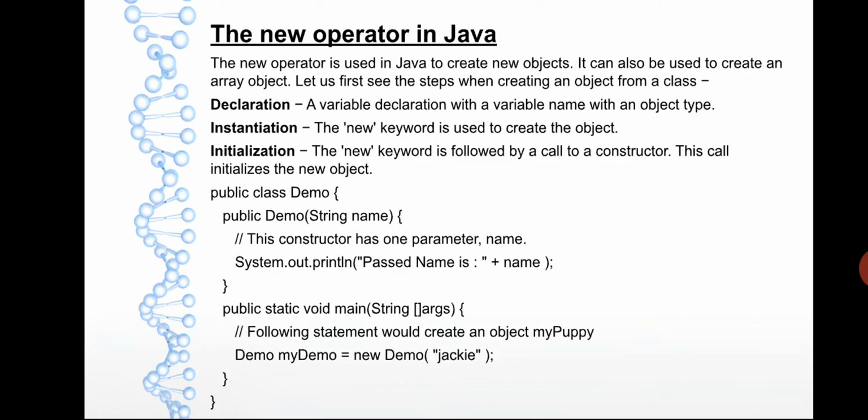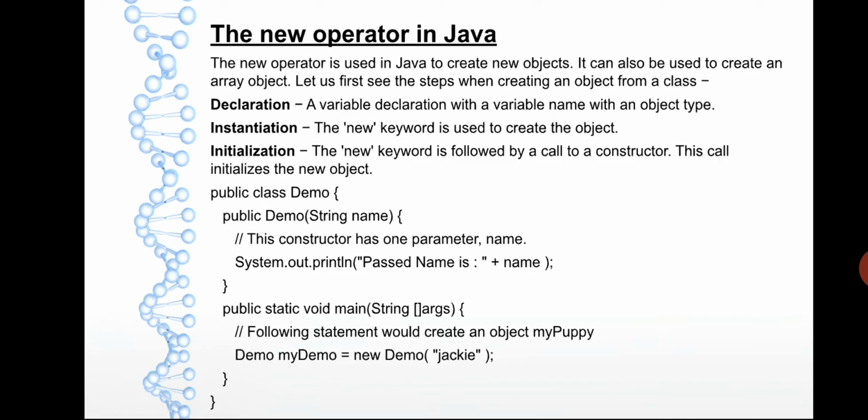Let us first see the steps when creating an object from a class. First one is declaration: a variable declaration with the variable name and an object type. That is just a declaration. Now instantiation: the new keyword is used to create the object.